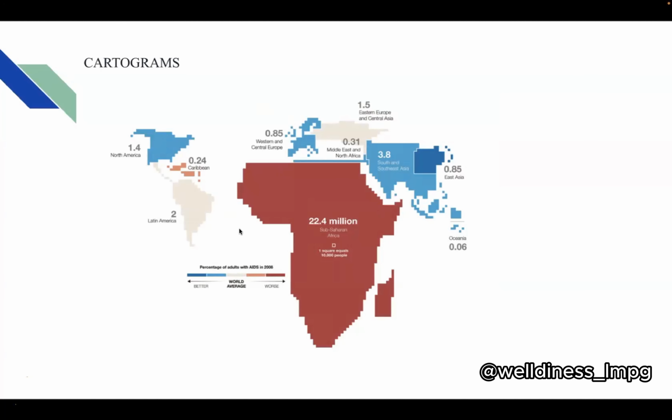For those of you that know your map very well, if this deep blue represents better, meaning people that are not infected, and this dark shade of red represents adverse cases of people that are infected, what continent can we say has a very bad case of AIDS infection in 2008? Sub-Saharan Africa. That's actually correct. So which one can we say is in the middle?